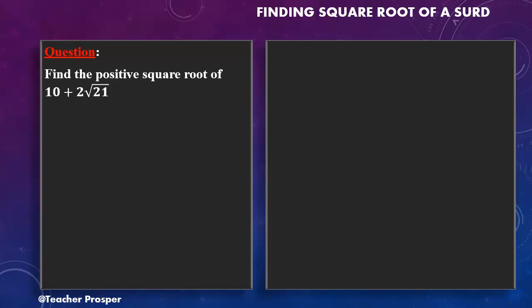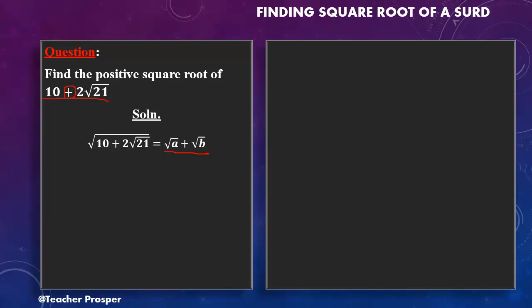Good. So let's consider our solution here. We are saying that the square root of a surd of this form must be of the form square root of A plus square root of B. Now, be very careful about the sign that is here, the positive sign.